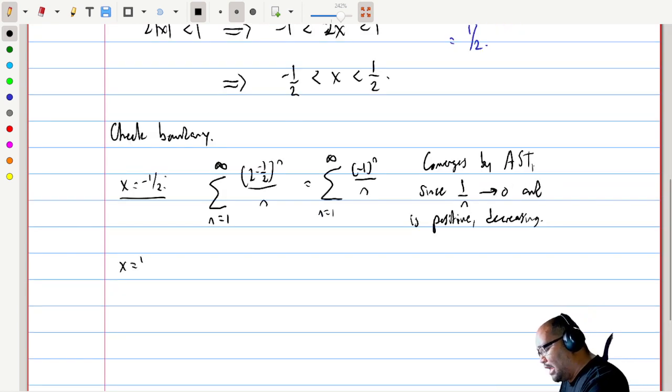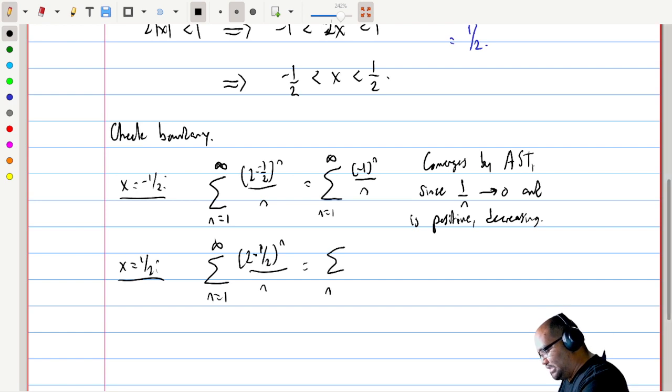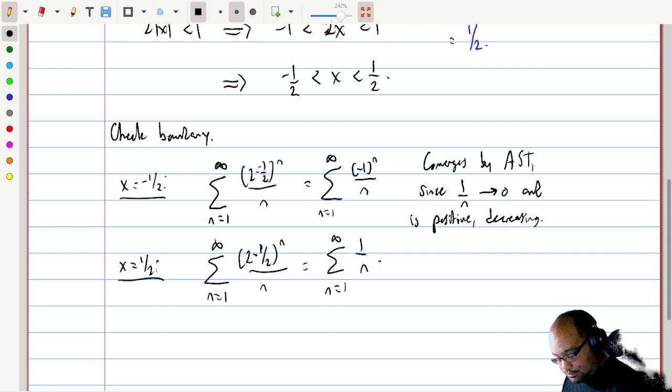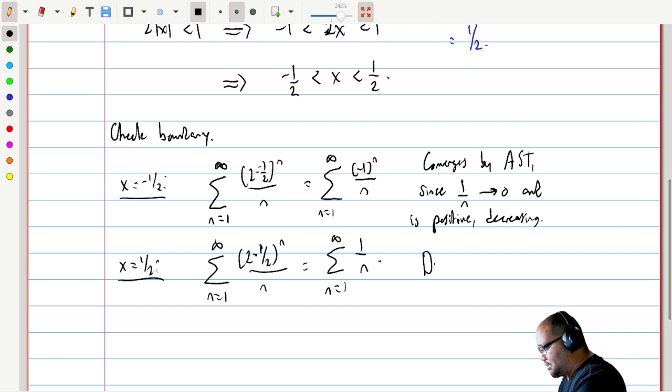But notice that at positive 1/2, this diverges. This diverges by the p-test.